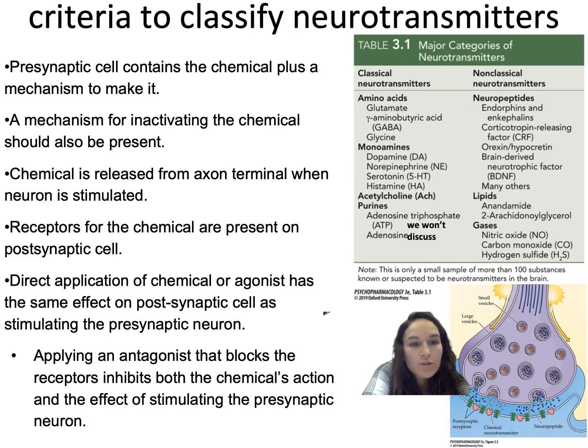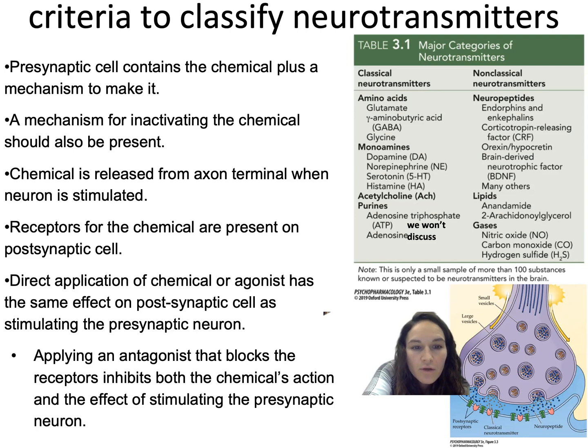There are receptors for this chemical present on some postsynaptic target cell, so that when we directly apply this chemical, or an agonist that mimics this chemical, it should have the same effect on the postsynaptic cells as stimulating the presynaptic cell. So you should be able to drop the chemical on the postsynaptic cell and get the same effect as you would from stimulating that presynaptic cell. And if you were to apply something to block that chemical, then you would expect to reverse or inhibit the effect of stimulation.